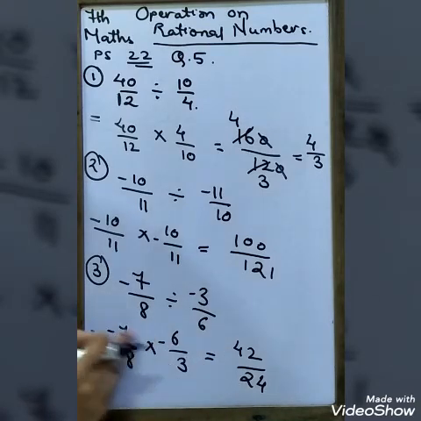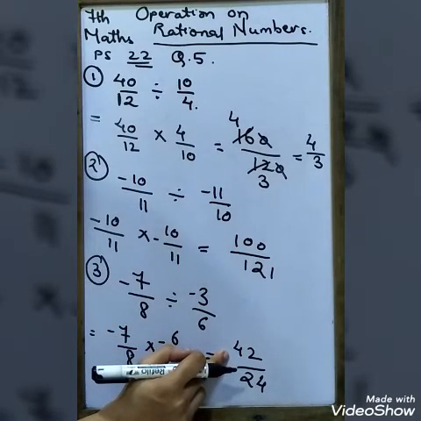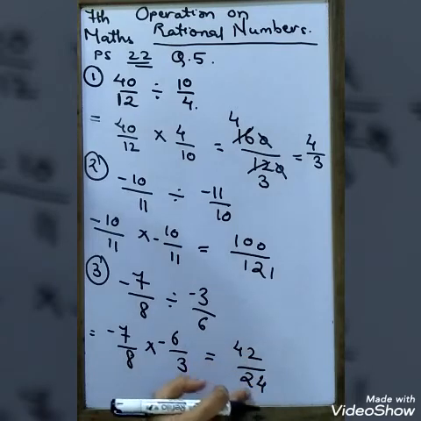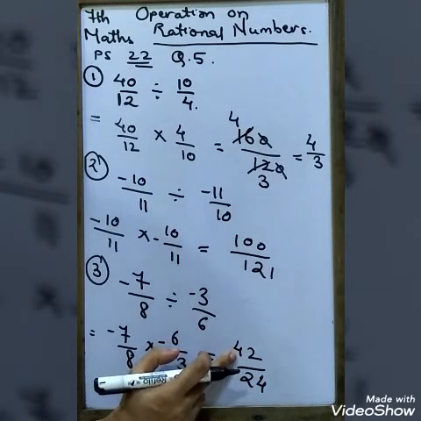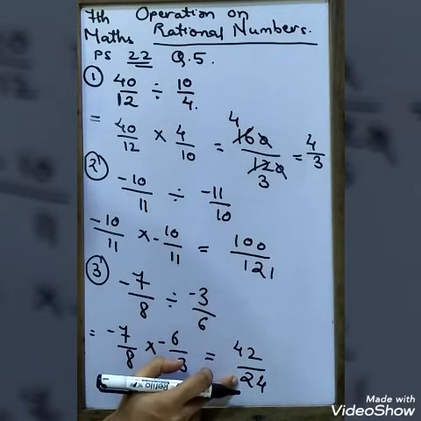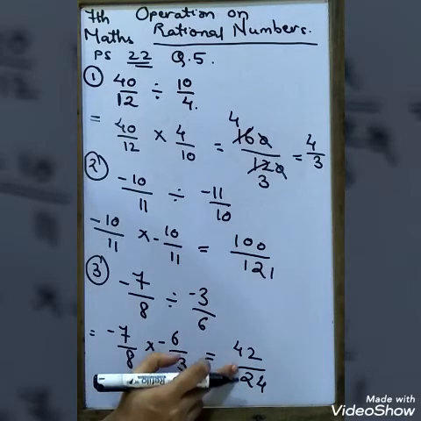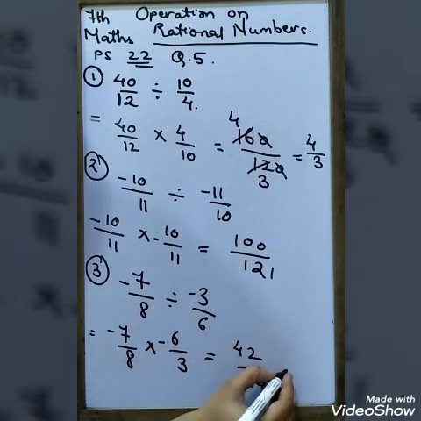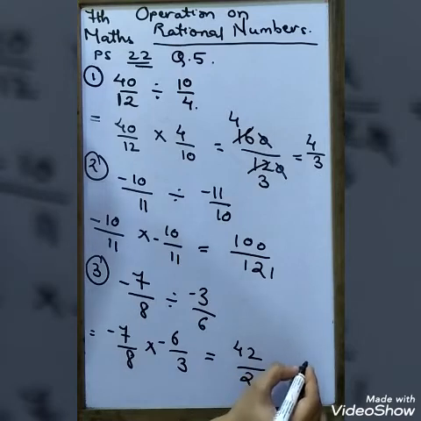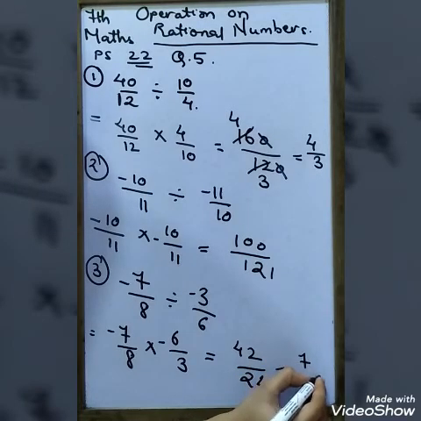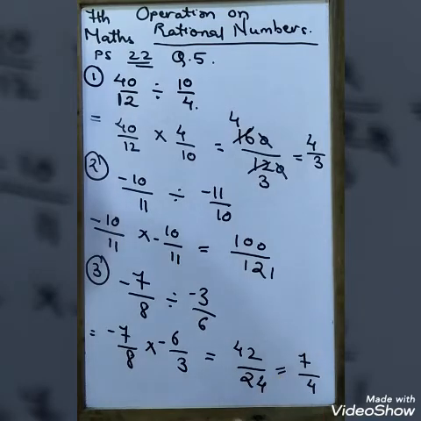Minus into minus, again plus will come over here. 42 and 24 both come in the table of 6. So 7 6s are 42, 6 4s are 24. So the answer is 7/4.